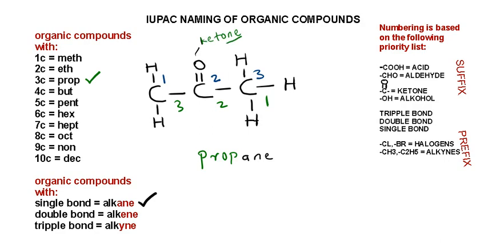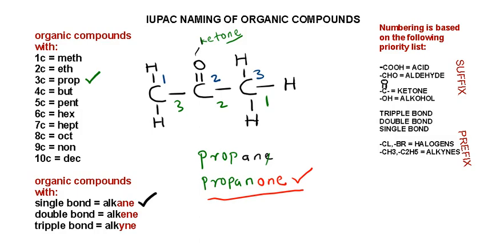So we are going to take ONE and replace this E here with ONE. So we put ONE, which is called propanone. So propanone becomes the name of this organic compound.